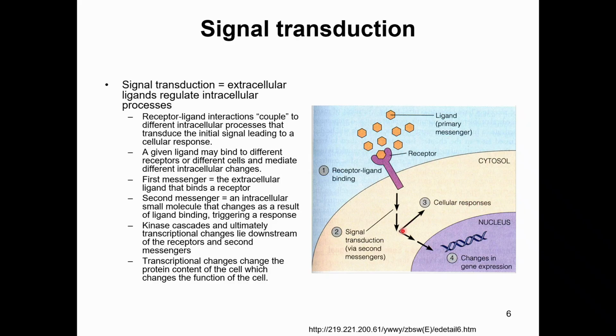Or at the end of the kinase cascade, you can cause activation of transcription factors in the nucleus, and then target genes will become transcribed. They'll be expressed as messenger RNAs, and you'll make new proteins. And that's what happens a lot with these growth factor pathways, because it turns on genes that are involved in cell proliferation. Things like cyclins, for instance, which are involved in regulation of the cell cycle.